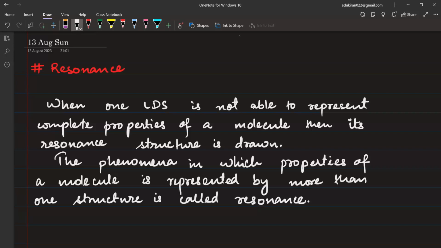Okay. So, Mariam, you don't write this part. You will start writing from molecular orbital theory. Okay, sir. Five more minutes and then we can start writing.